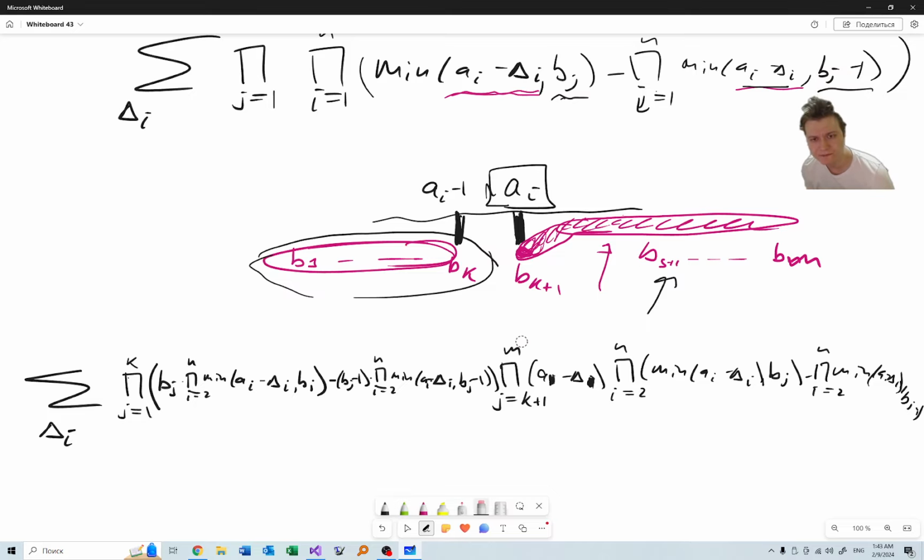Okay, actually, it's easier in this case because I can rewrite it like this. So here I have ai minus delta I to the power m minus j.